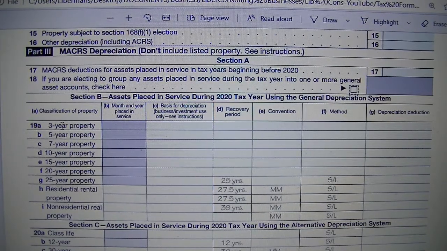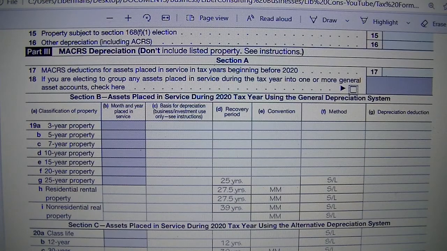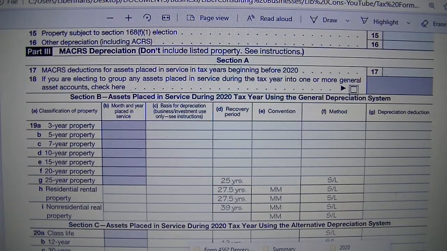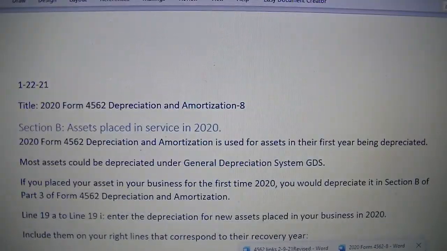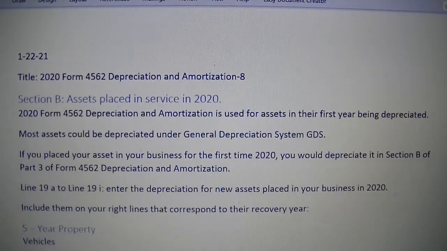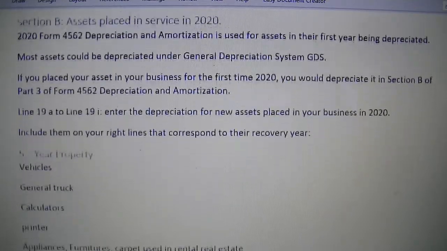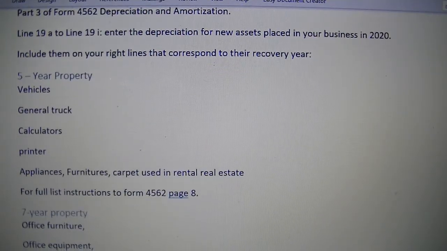The IRS Publication 946 has the list of property classes you could look at to see where your property falls. I have a summary that will be in our blog on our website, ninasoup.com, as an article to cover this session.